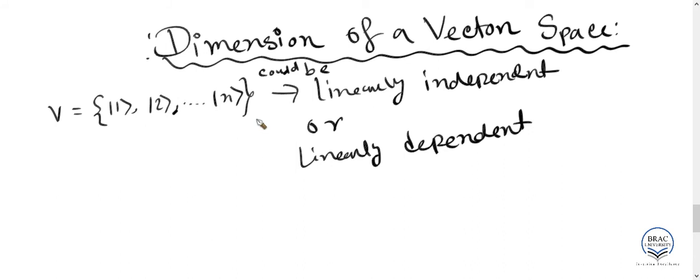So what do we mean by that? Let's write it down. So we have a vector space. This serves as a remark. This serves as a definition for the dimension. So let's just write dim, a shortcut notation to represent the word dimension.